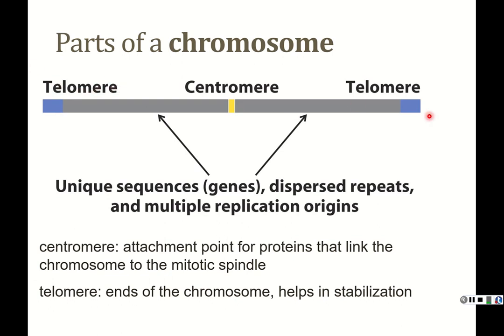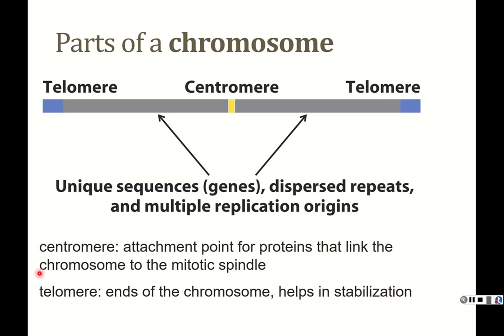I like to say telomere, but I've definitely heard it pronounced telomere. And the middle is the centromere. The gray regions here would be the unique sequences, or where the genes are. You also have a lot of repeats and multiple replication origins.